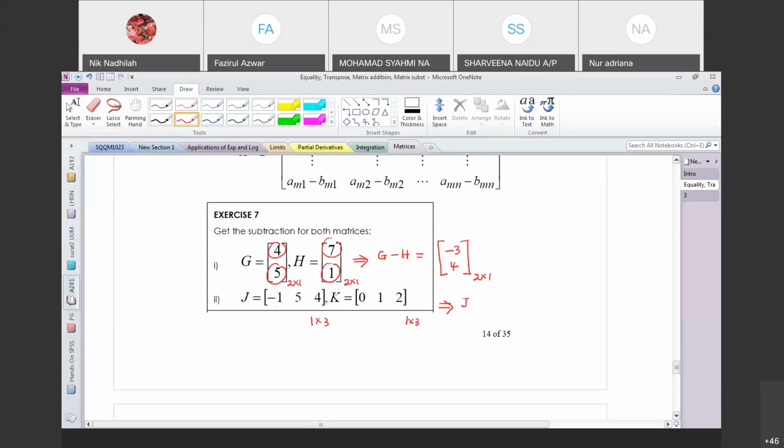So J minus K is -1 minus 0, then it's -1. 5 minus 1, then it's 4, and 4 minus 2 is 2. And you can see that the result is still a 1 by 3 matrix.